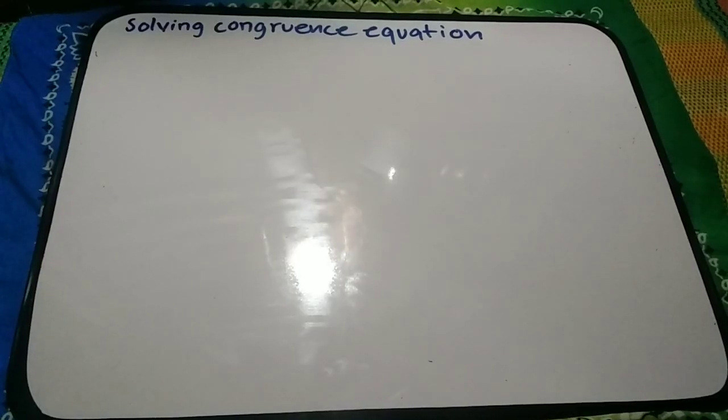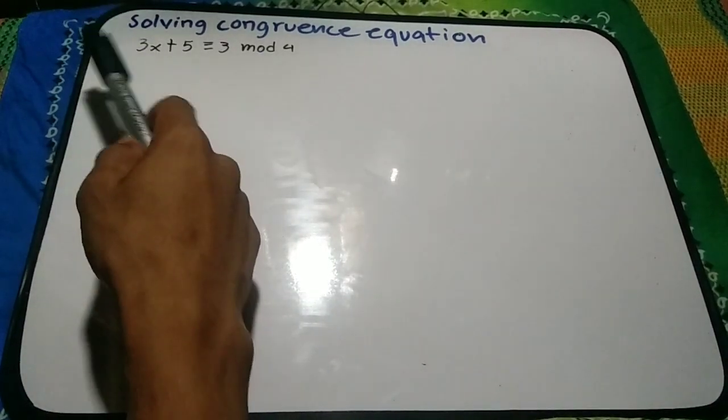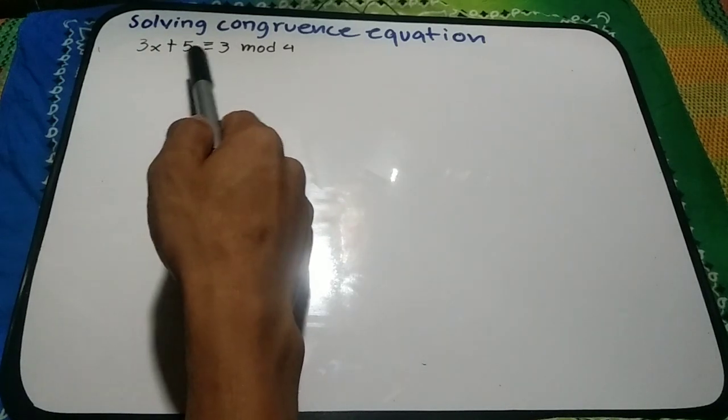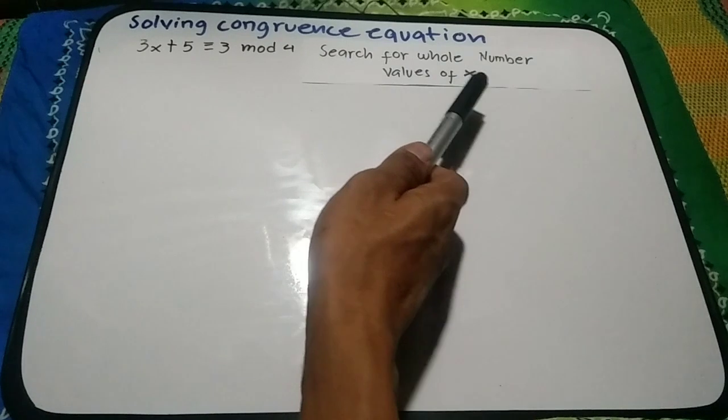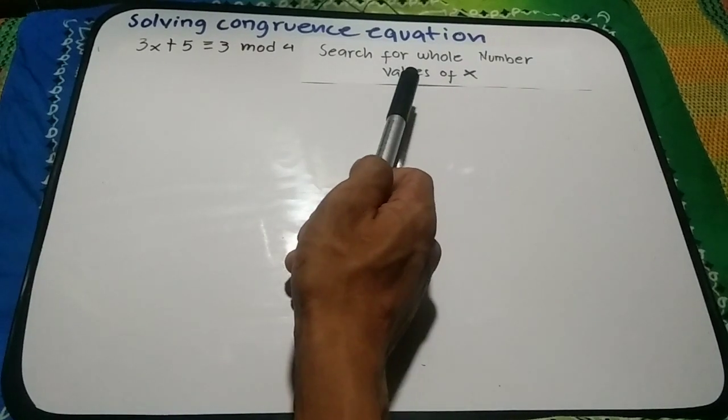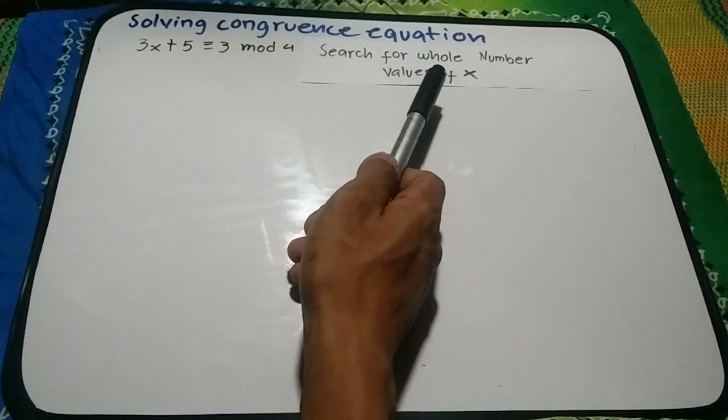The next lesson is solving congruence equations, which means finding all whole number values of the variable for which the congruence is true. For example, 3x plus 5 congruent to 3 mod 4. We search for whole number values of x for which the congruence is true.